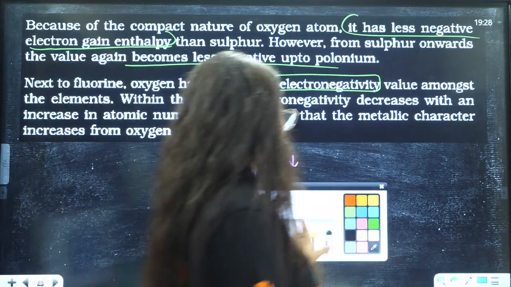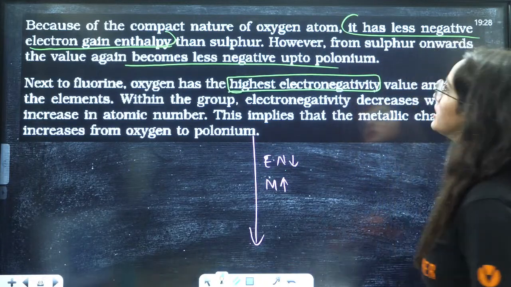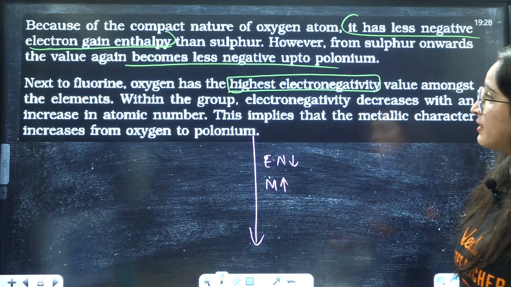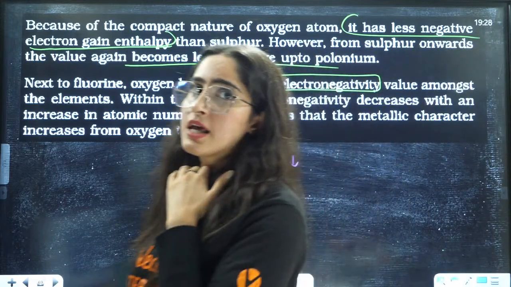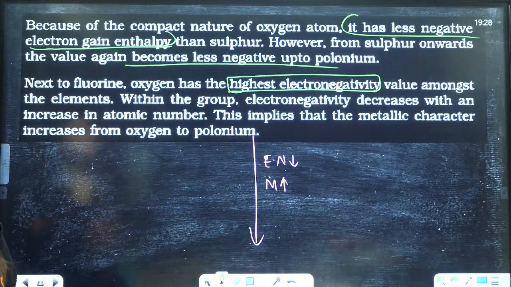But if you talk about the electron gain enthalpy, for sulfur it is less negative, right?